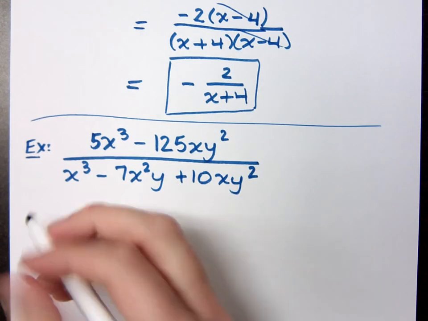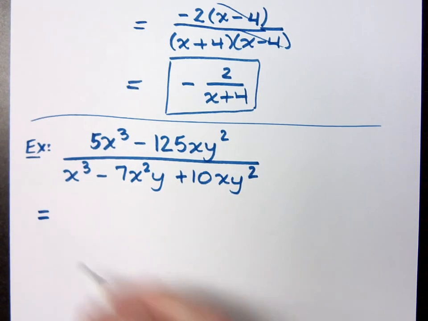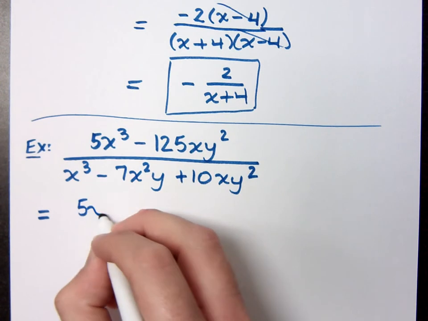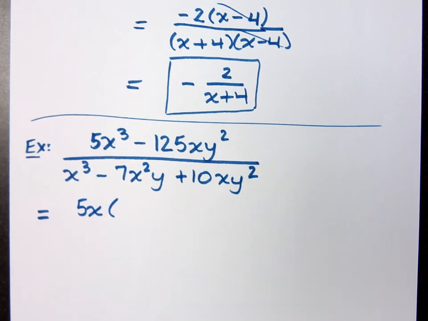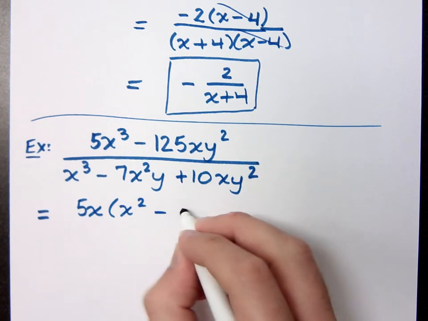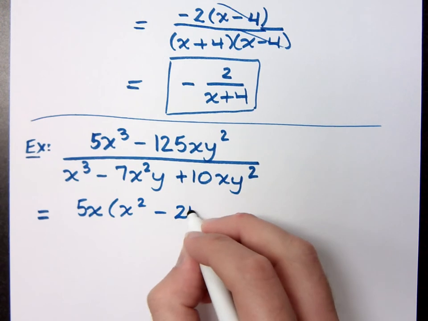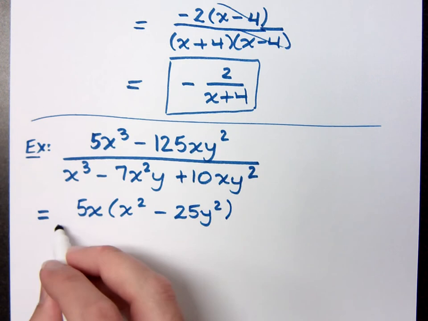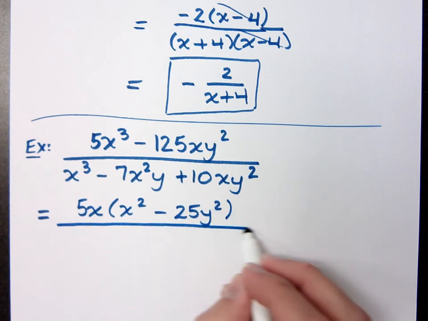All right, so what can I do in that numerator? I can take out 5x and I'll be left with what? X squared minus 25y squared.